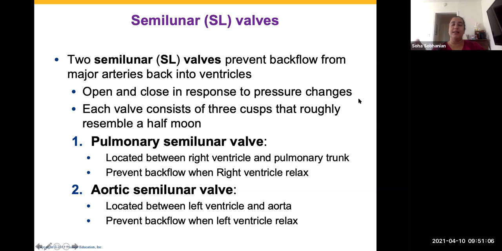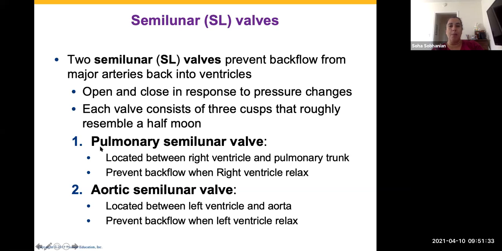When the heart is contracting, the pressure is high. When the heart is relaxing, the pressure is low. Each of these semilunar valves has three cusps, three of those little flaps that I showed you that resemble half moons. Again, we saw the semilunar shape of them.